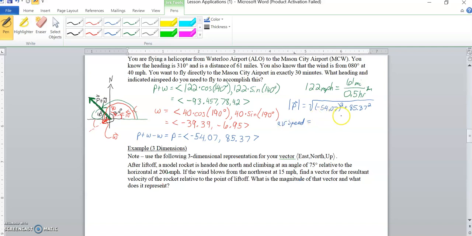Airspeed is just if you solve that number, and we get 101 miles per hour. Something to be cautious, if you run this number in your calculator and you get an answer, I think it's around 64 or 65, somewhere in there, miles per hour in your answer.